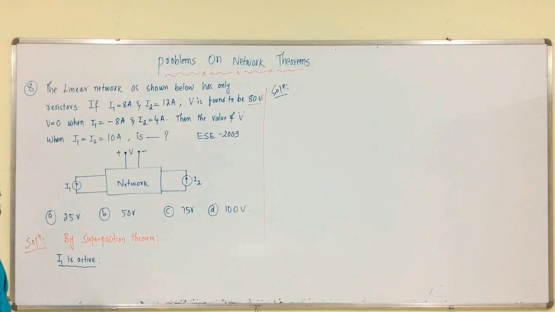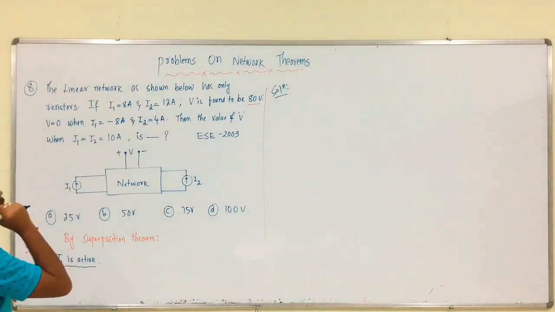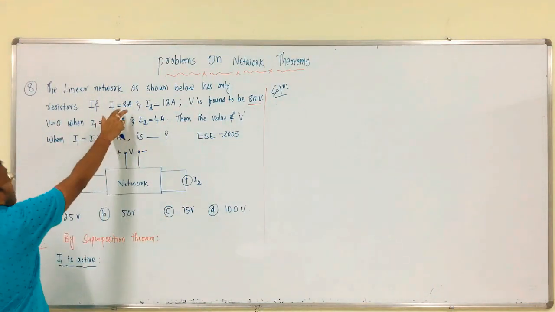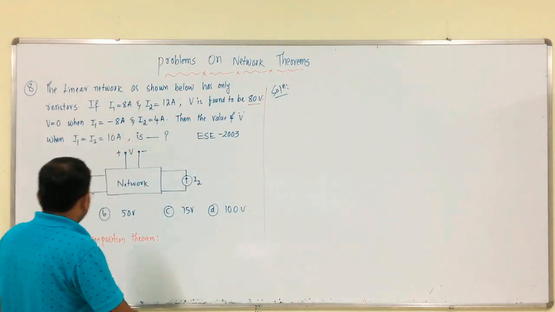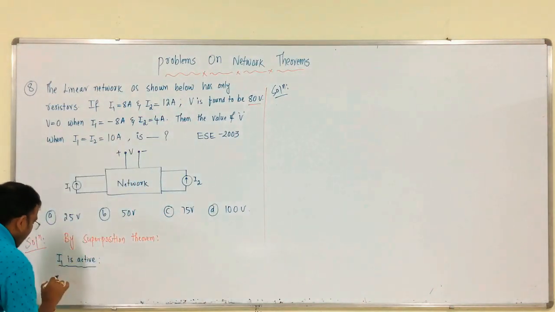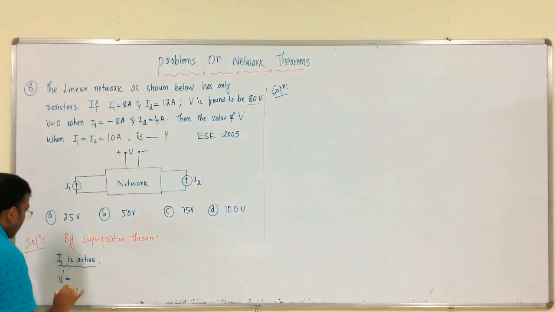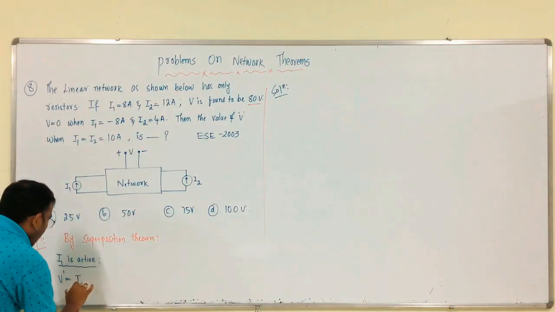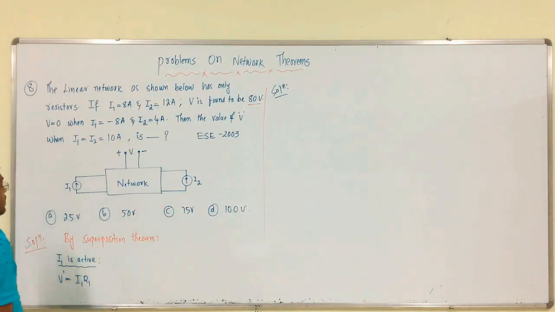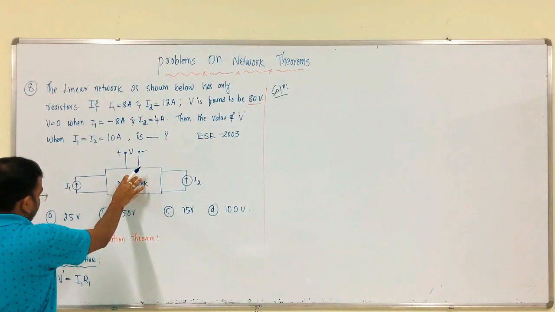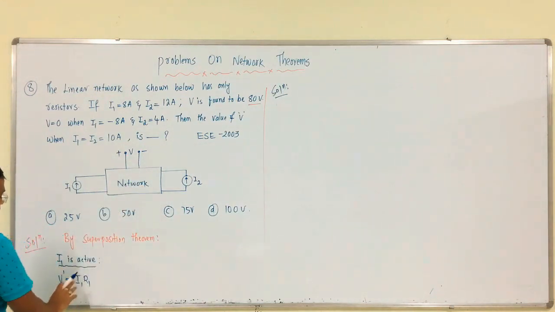For 8 amps current, we have V found to be 8. If both are acting simultaneously, we have 80 volts. Therefore, with I1 active, V dash should be equal to I1 R1. This network consists of resistances, therefore V dash is I1 R1.